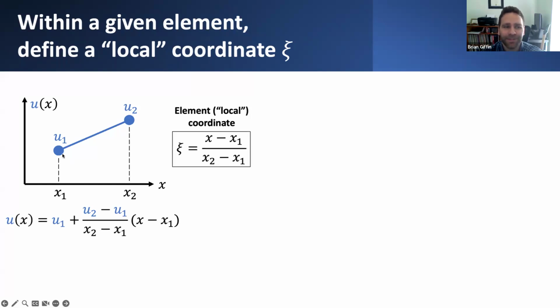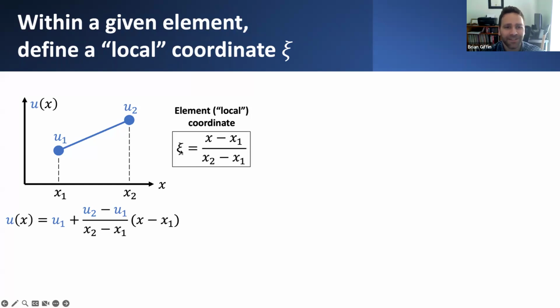If all we care about is representing the solution in this interpolatory way over a given element, then in practice it's more convenient to express things in terms of an element's local coordinate system, a coordinate system that ranges between 0 and some normalized coordinate, which I'll say is equal to 1. So we want to take this domain, which technically ranges x between x1 and x2, and transform it into a different domain that ranges from 0 to 1: a normalized coordinate domain, or the element's local coordinate system.